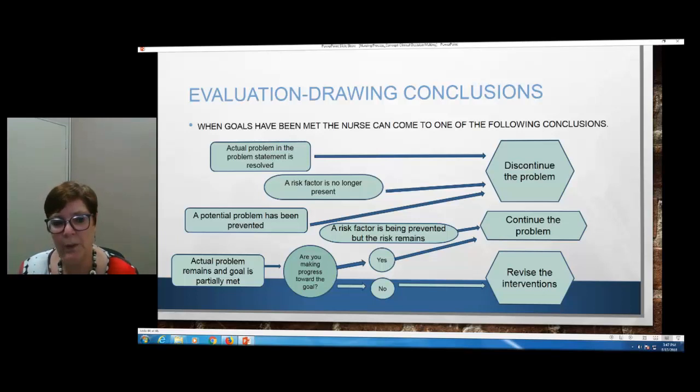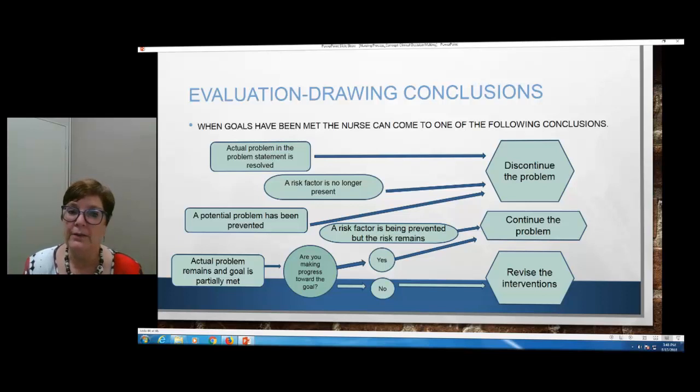So the question when somebody has a partially met goal or a goal that is not met at all, that is the question we want to ask. Are you making progress toward the goal? If so, we're going to continue the problem. We may want to tweak it a little bit, but if they've not made progress toward the goal, then we want to revise those interventions and try something new.